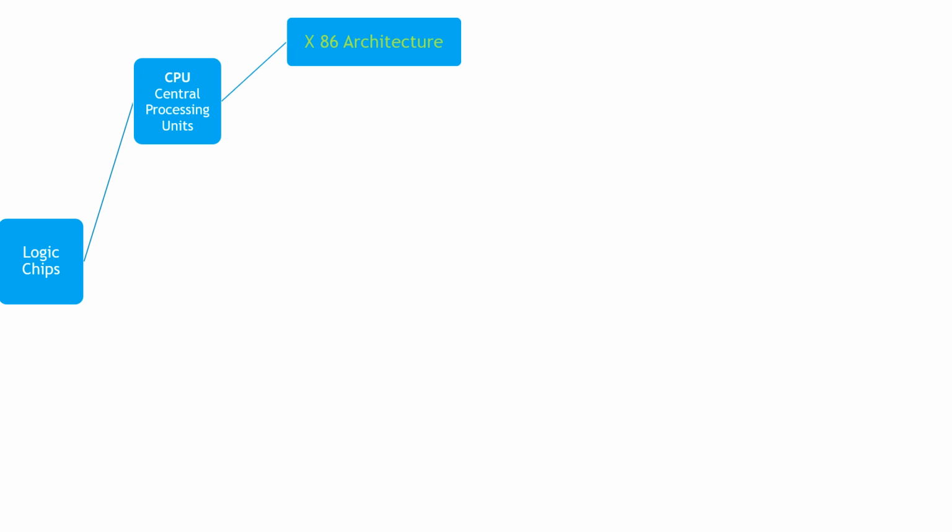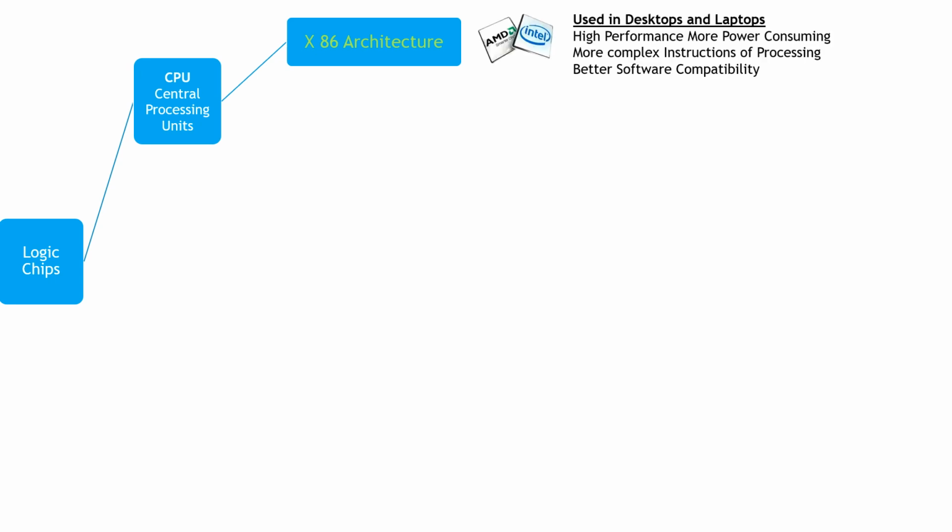The most commonly used architecture for CPUs is the x86 architecture, which is actually used by Intel and AMD. It is predominantly used in desktops and laptops, and the important part is that it focuses on high performance, but at the same time consumes more power.